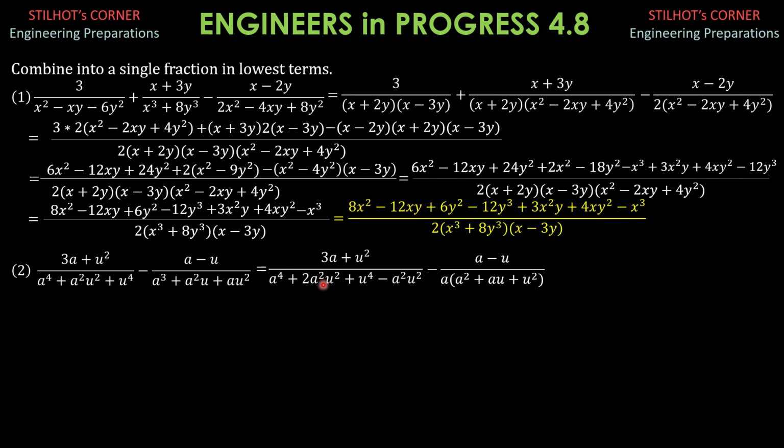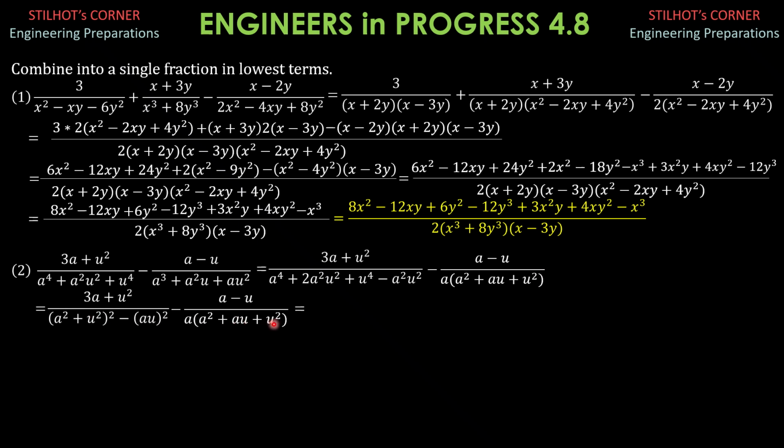So this is quantity a squared plus u squared quantity squared, then minus au quantity squared. So equals 3a plus u squared over quantity a squared plus u squared quantity squared minus au squared, then minus quantity a minus u over a quantity a squared plus au plus u squared. So now we factor this as a difference of two squares first before we obtain the LCD.